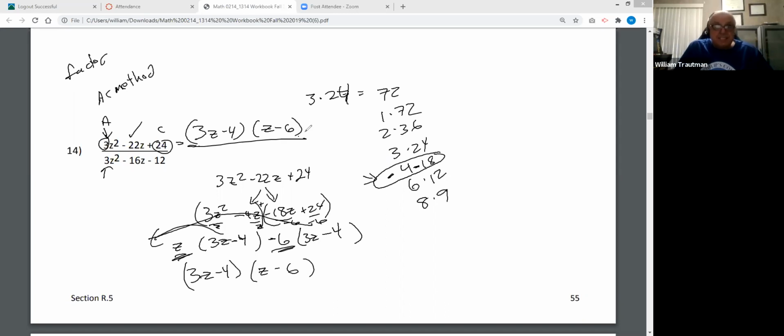Using the AC method. I'm going to erase everything now in a second except the top because we factored that. I'm concerned. Half of you didn't do the factoring AC method. Sorry for harping on that, but I'm really worried.